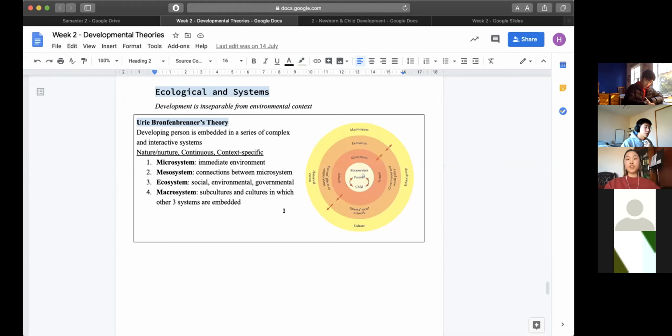It's not a universal theory. A developing person is embedded in a series of complex and interacting systems, and all of those are going to influence how they develop throughout life. So you've got the microsystem, which is their immediate environment, mesosystem, ecosystem, and macrosystem.